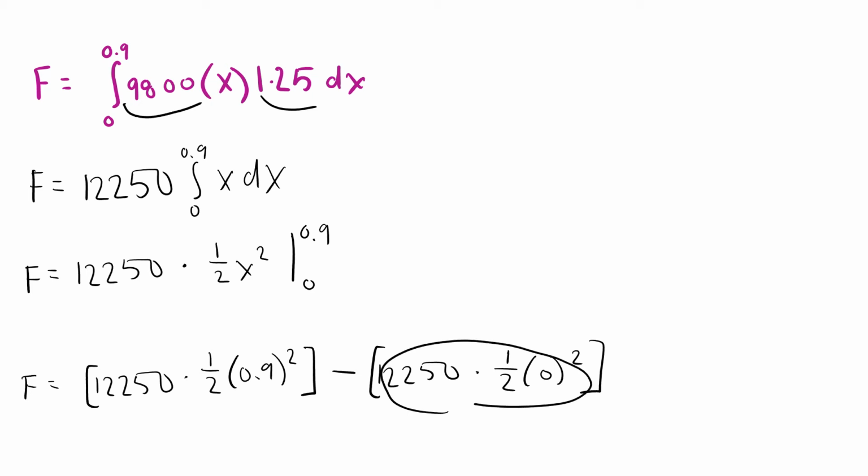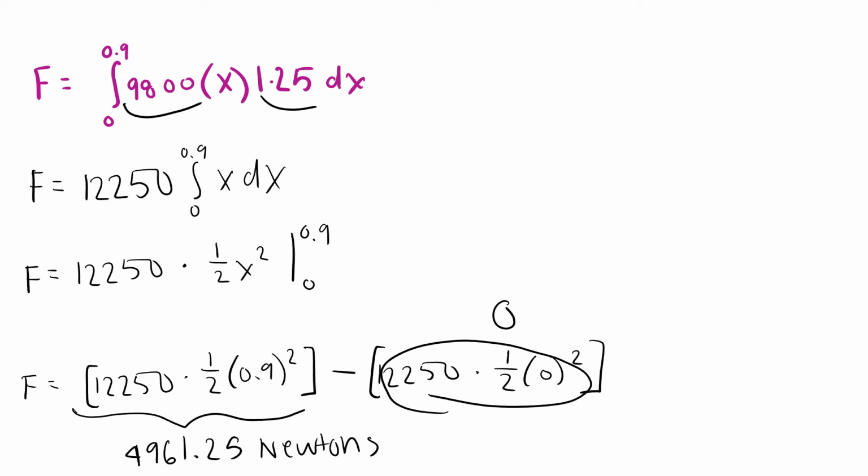And we can tell that this is just going to be 0. So we just need to multiply 12,250 times 1/2 of 0.9 squared. And that is going to give us 4,961.25 newtons for the force of water on the large sides of the tank.